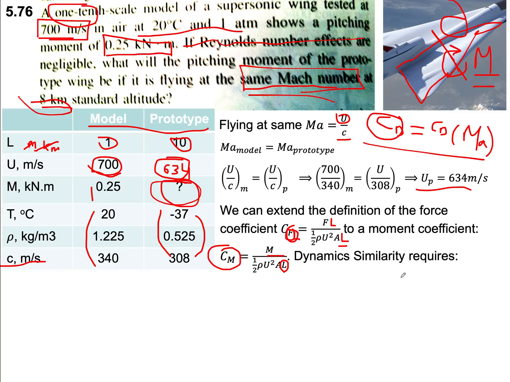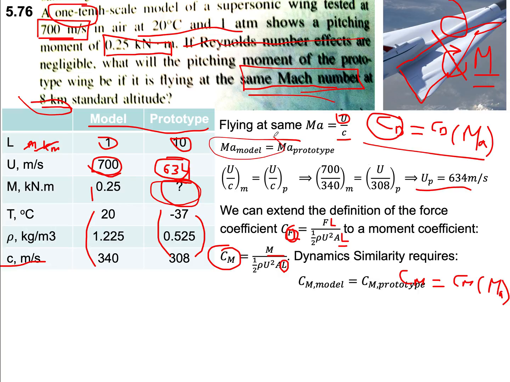So here we can write that Cm, the moment coefficient, is a function of Mach number. And if I guarantee that my Mach number is the same, which it is, as stated in the problem, then I will get my moment coefficient to be the same. So yes, my moment coefficient for the model will be the same as the prototype, just because of this statement.